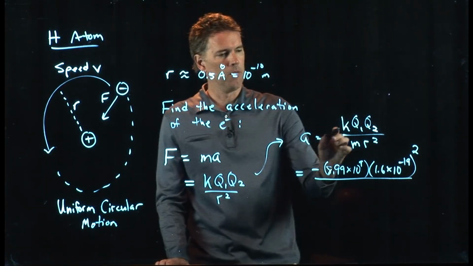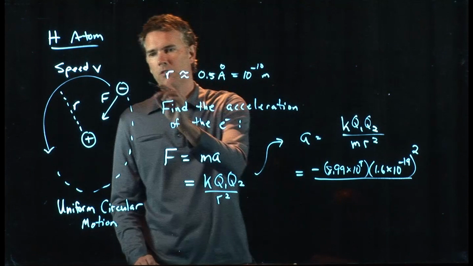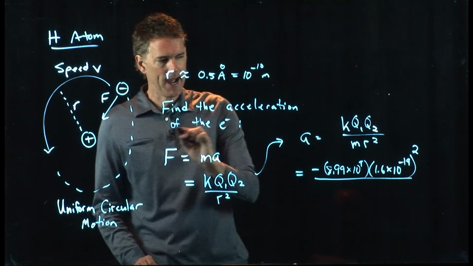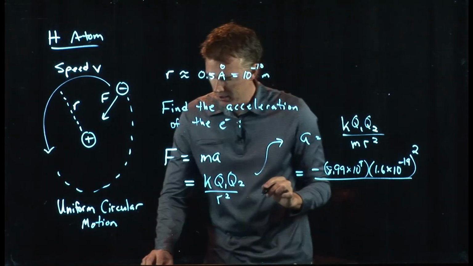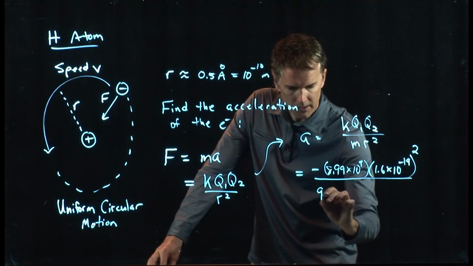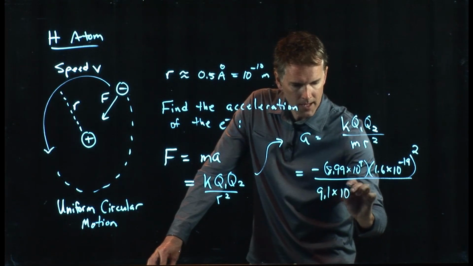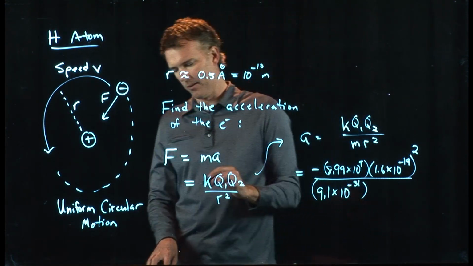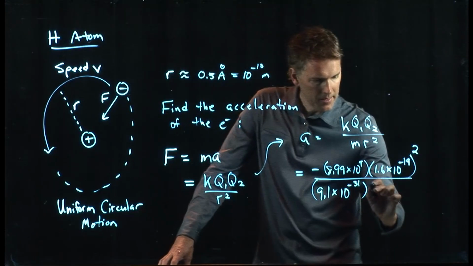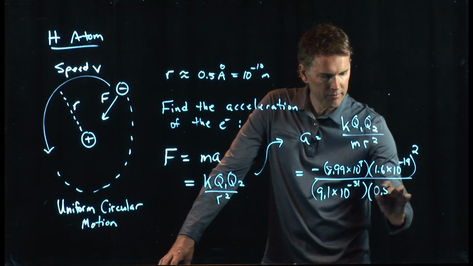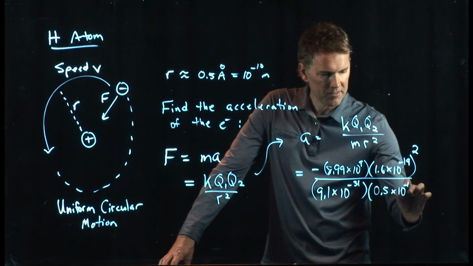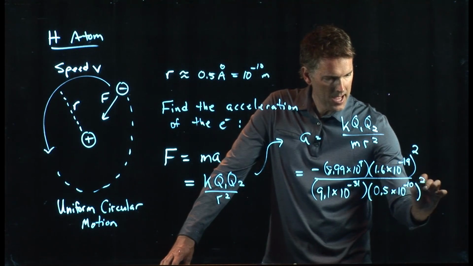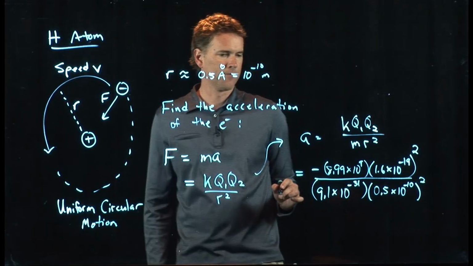And then we have the mass. It's the mass of the thing that's moving in the circle, so it's the mass of the electron. And you can look up the mass of the electron. It's 9.1 times 10 to the minus 31 kilograms. Remember, kilograms is SI units. And then we have 0.5 times 10 to the minus 10 is our distance, and we have to square that.